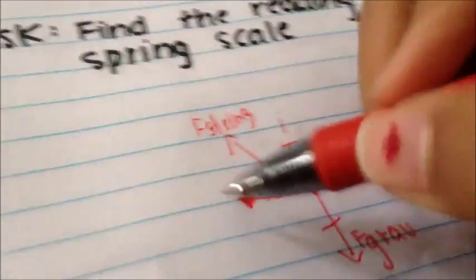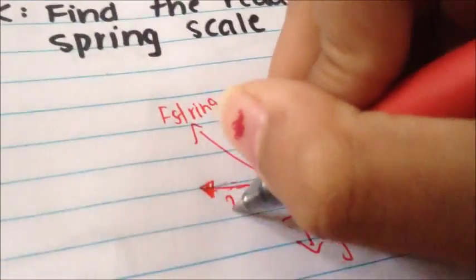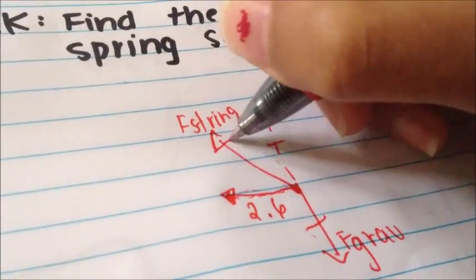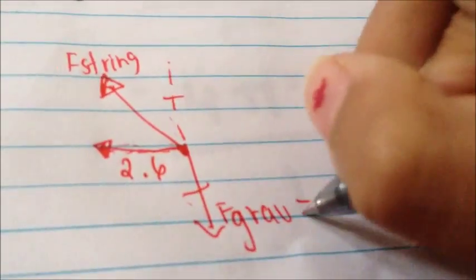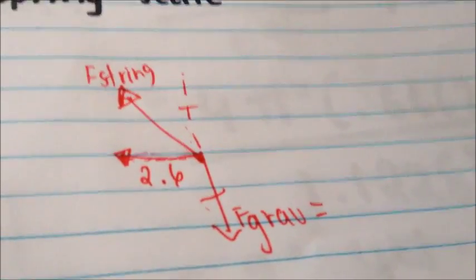So this is Fnet. This number we just found, 2.6, is equal to this component. What we're trying to find is this F string or F tension. So let's start with gravity.